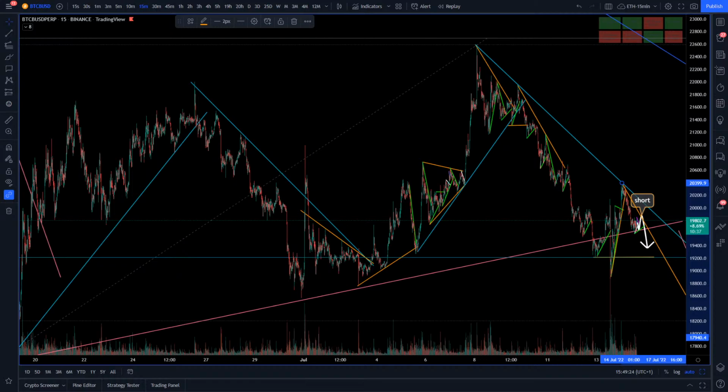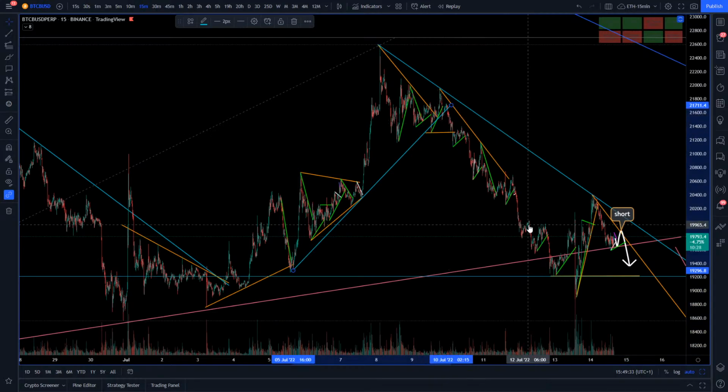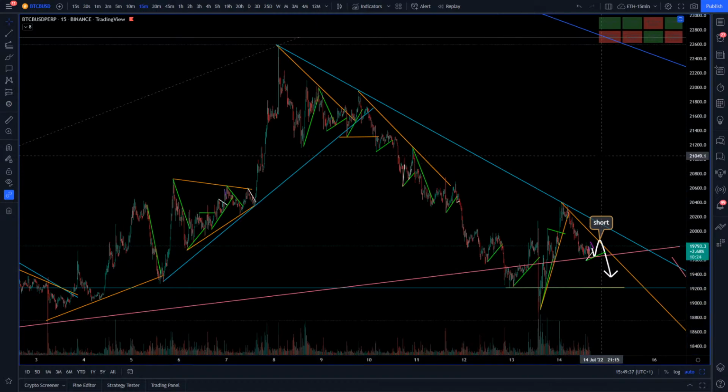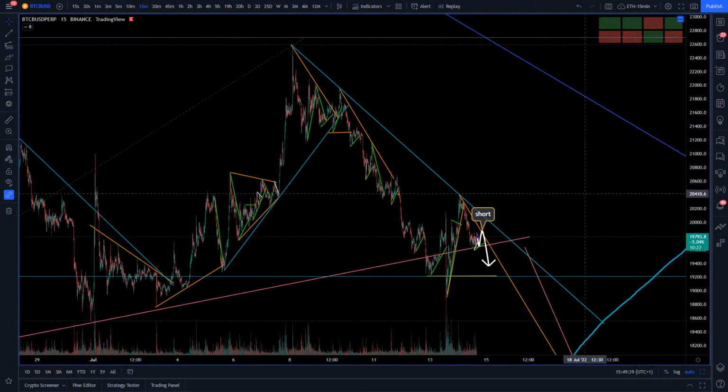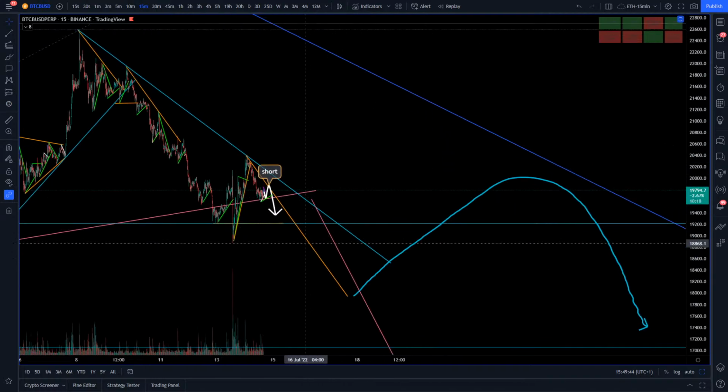And when you say we can short 3-day lower high after weekly breakdown, we are already in the breakdown. This is the breakdown, and we have a weekly breakdown as well. So right now, like I said just now, we are going down maybe to this area before making a retracement, which will be the 3-day lower high.